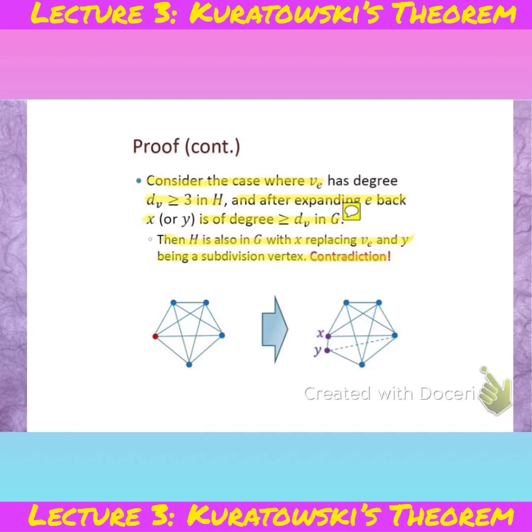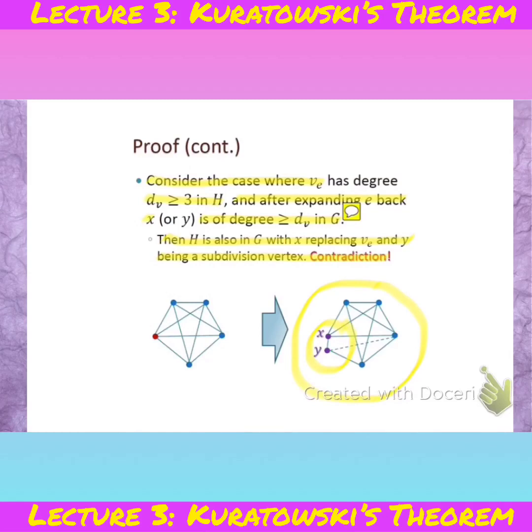So in this case, as I illustrated with the little animations, Y could lie outside of that graph, in which case the contraction will lead to a K5, but it will also imply that G will have a K5.